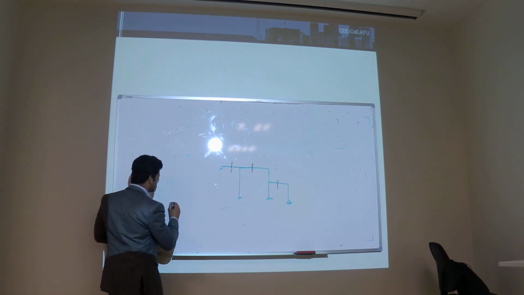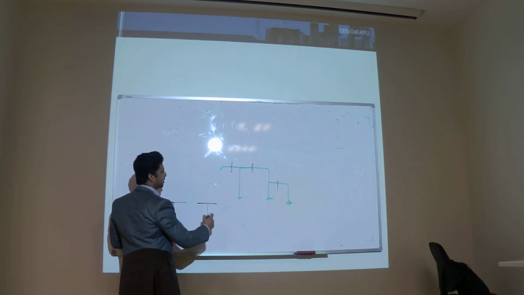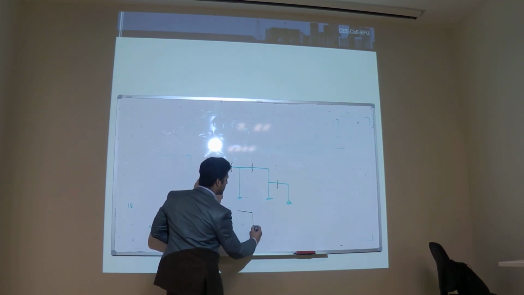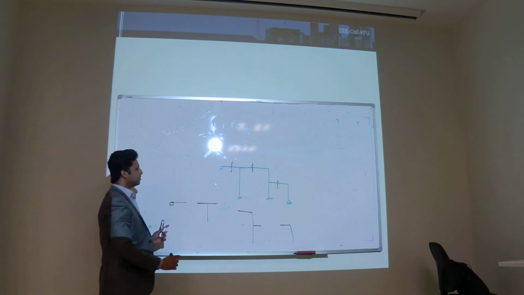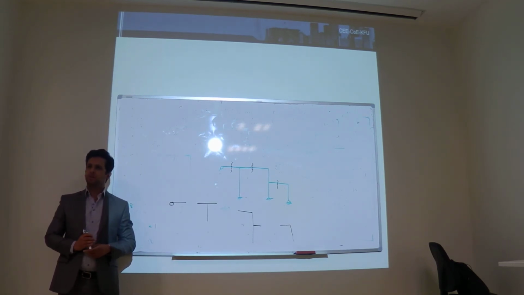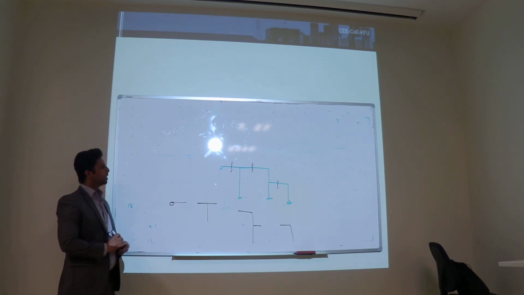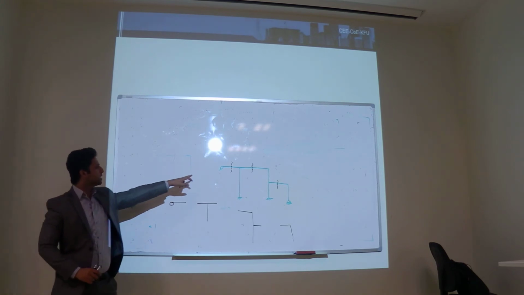One is this part, another is this part, this, and then you have this part, and the final one. So your n is how much? 4. N is the number of parts. You can say 3 sections.